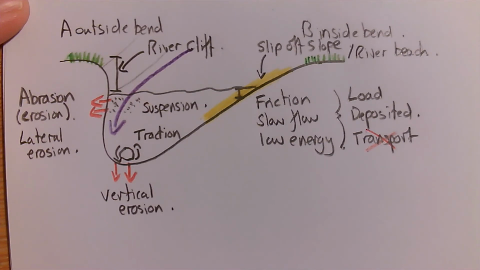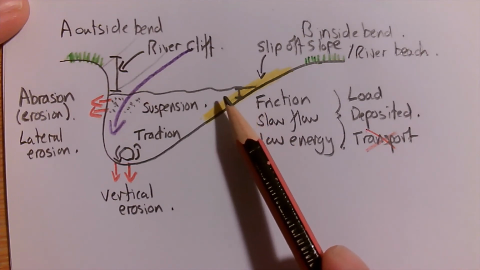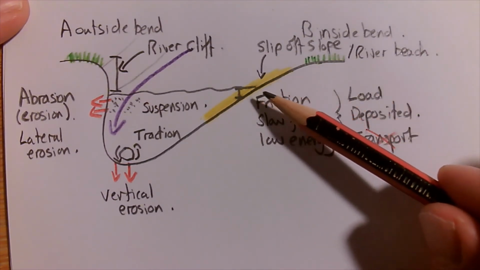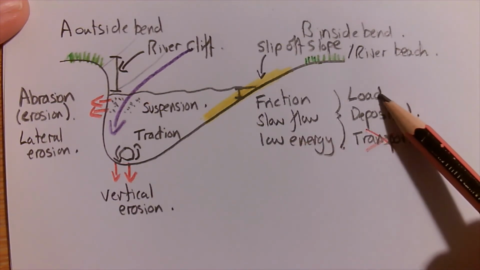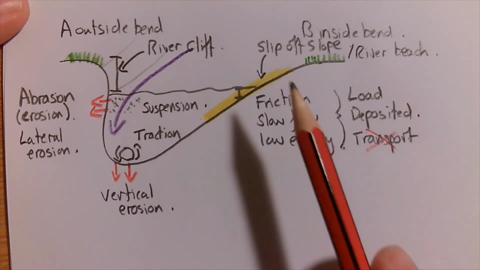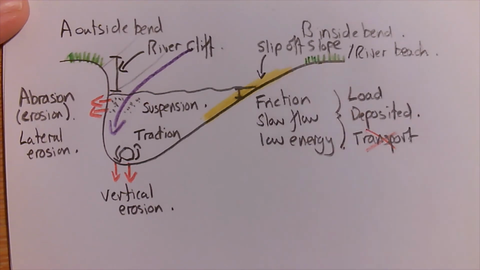You might pause it now, explain it to yourself. Okay, so what's happening on the inside bend is that we have shallow water, and so there is a high friction which slows the flow, creating low energy so that the load is deposited to form a slip-off slope.